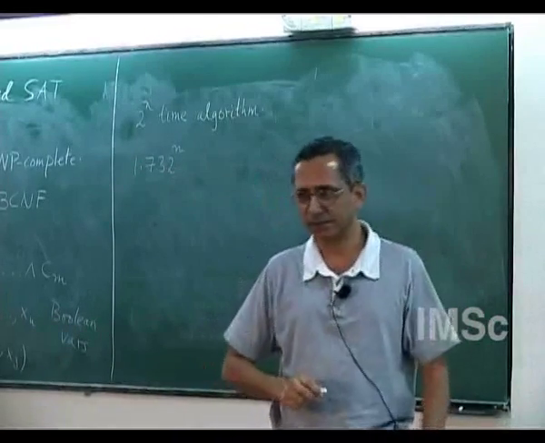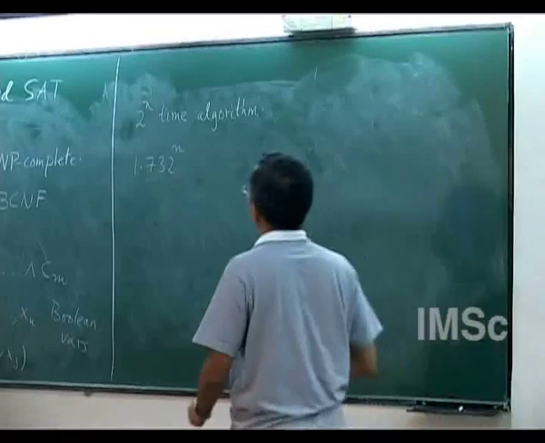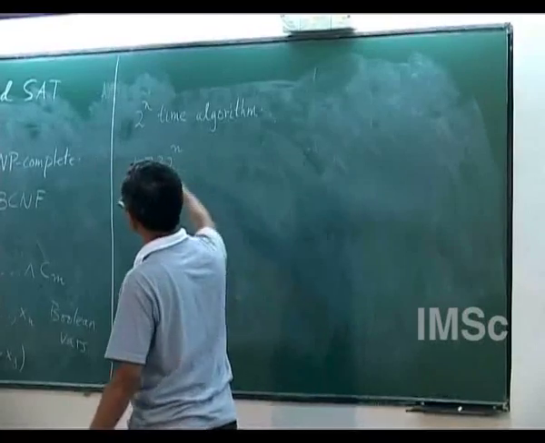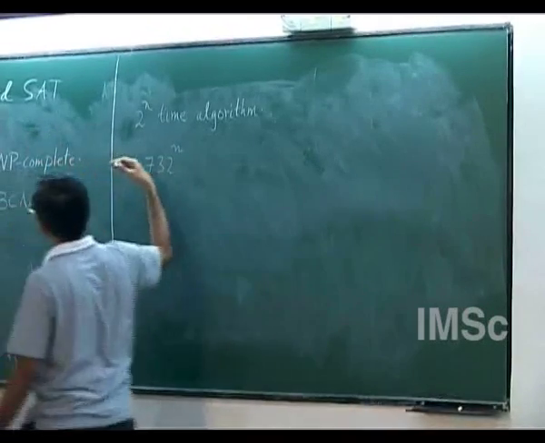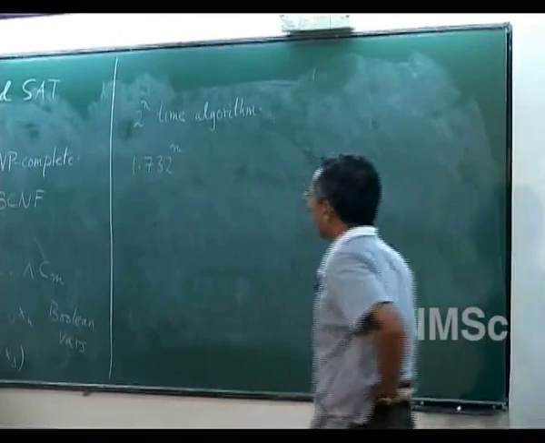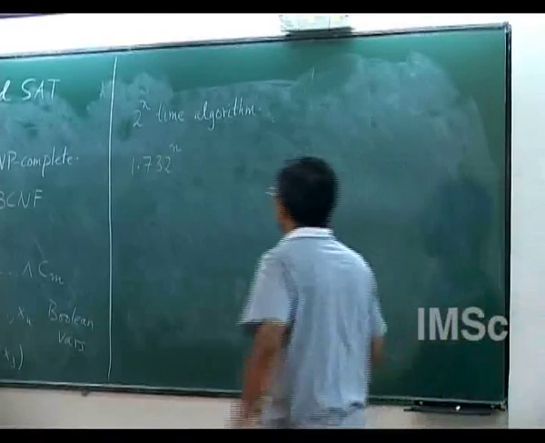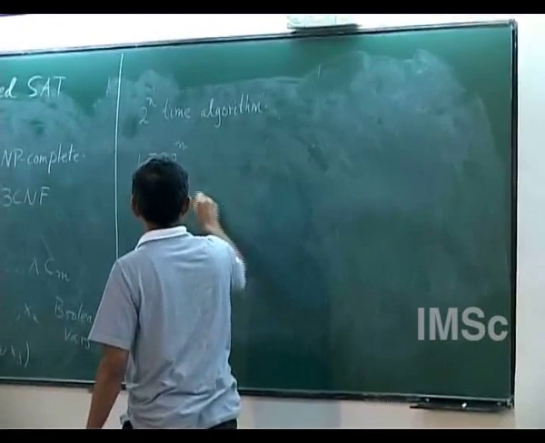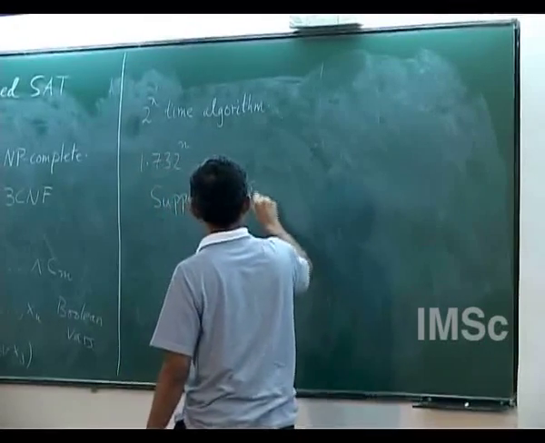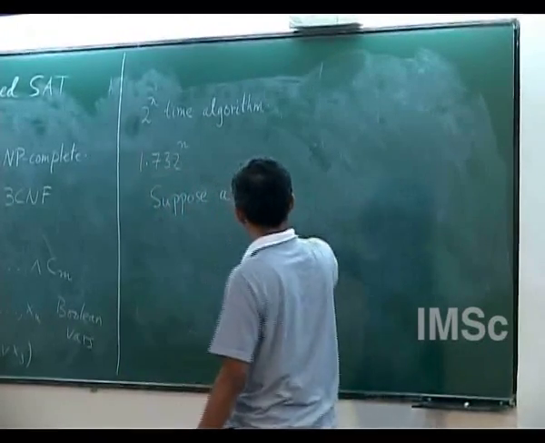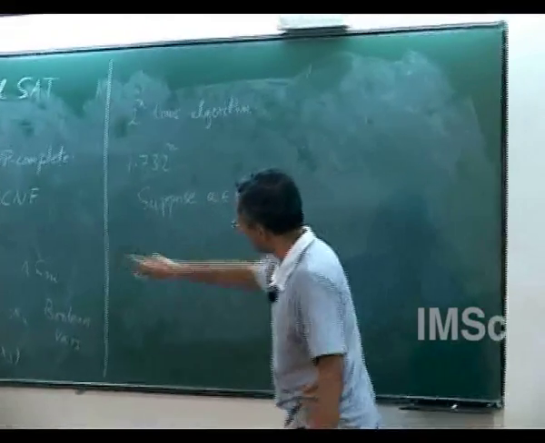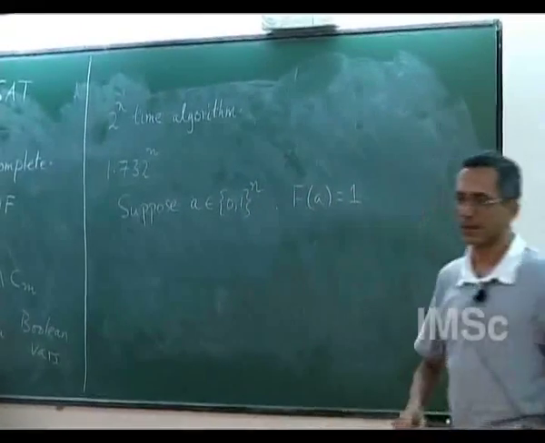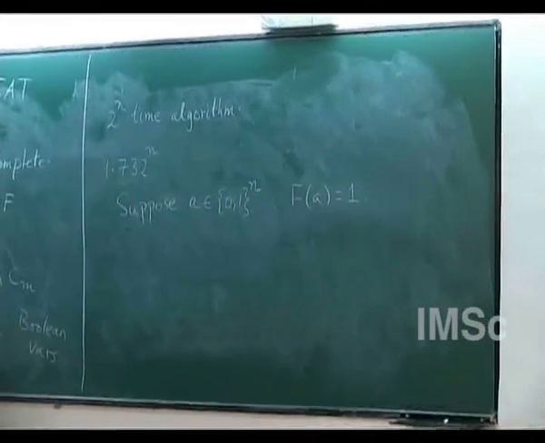How does that work? Let's go through that because it's interesting. Ideas there are also present in the random walk based algorithm. So suppose there is an assignment to the n Boolean variables, which is basically a 0, 1 vector, that satisfies F. So A is a satisfying assignment for F. Let's fix it.